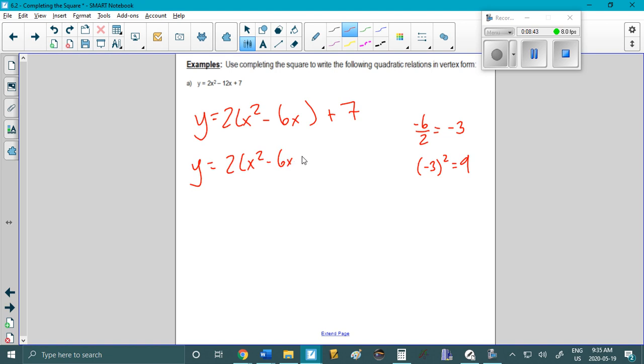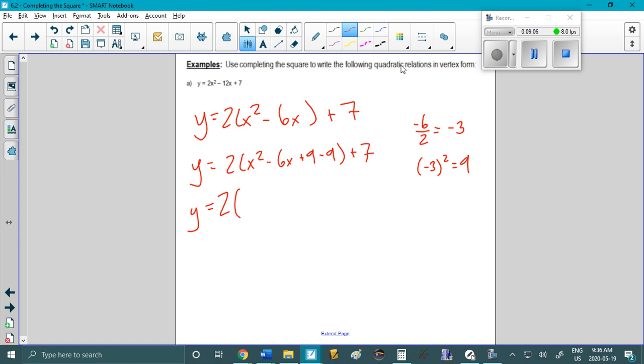Now we always go plus 9 and then minus 9. And the reason is because when you factor a perfect square trinomial, that last term is always going to be added, right? Because if it's x plus 2, the last term will be positive. If it's x minus 2, when you FOIL, the last term will be positive again.